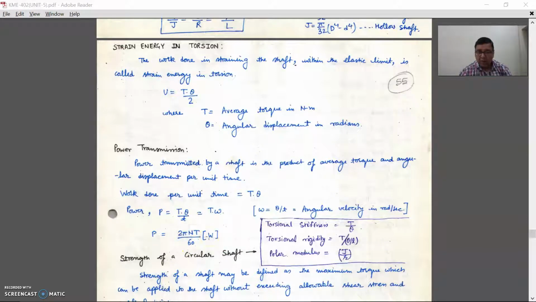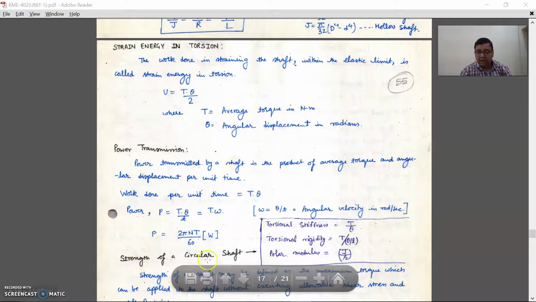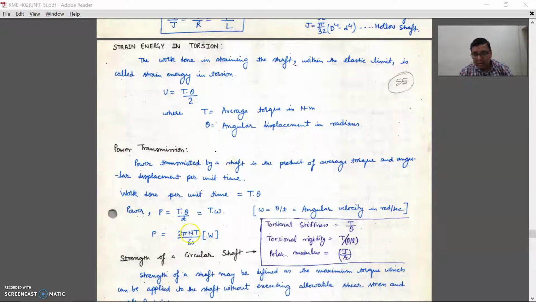It is in watt. Now please mind it, in this case the units play a very important role, and we have to be very careful in the analysis of this particular power transmission. One thing I wish to make clear is why we have written 60.